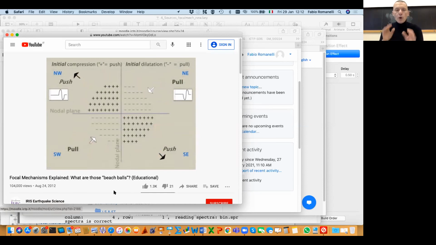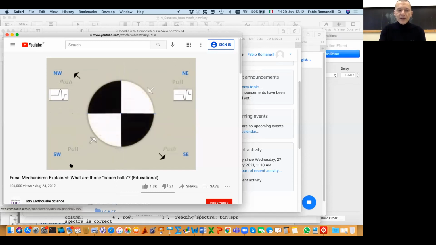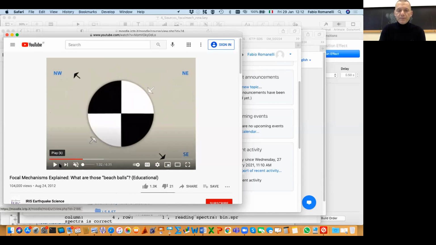And looking from the top, we have a beautiful division into 4 quadrants. And there is a hint and a question to you, a very easy one. Looking at this plot, can we decide which one is the fault plane and which one is the auxiliary plane?